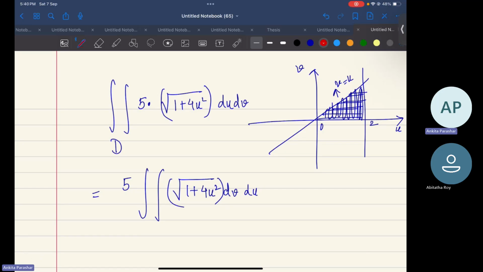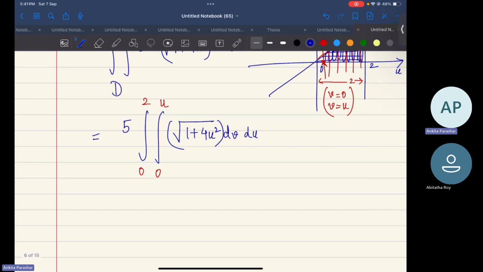V is from 0 to U. If I draw lines parallel to the V axis, it will cut first at V equal to 0 and last at V equal to U. So the limits will be from 0 to U. And U is from 0 to 2.